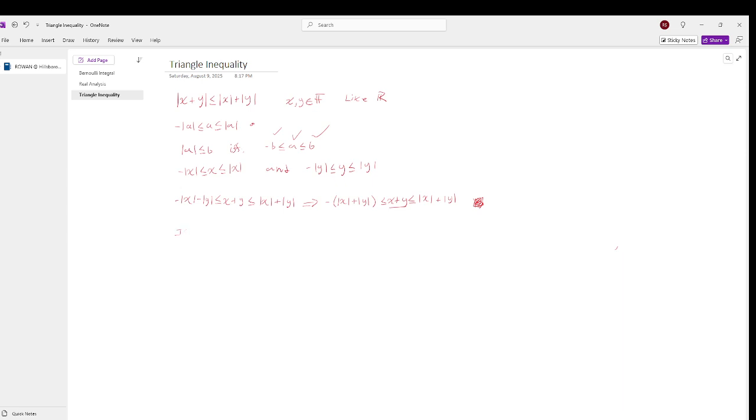So say if a1, a2, dot dot dot, an are elements of the real numbers, then the absolute value of a1 plus a2 plus dot dot dot plus an is less than or equal to the absolute value of a1 plus absolute value of a2 dot dot dot plus absolute value of an.